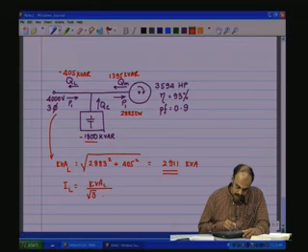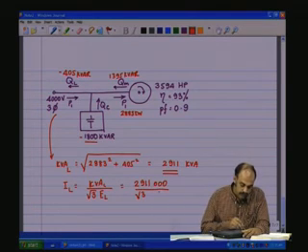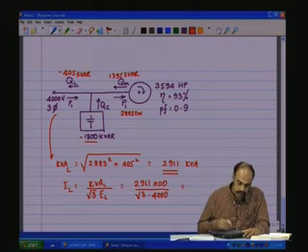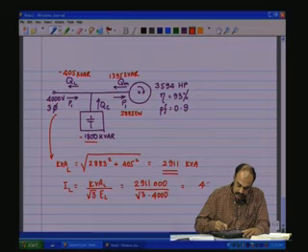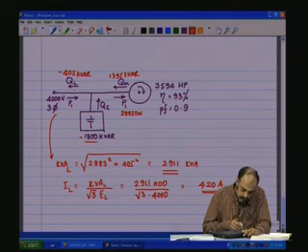So, 2911 kVA, which means VA, divided by root 3 times 4000 volts, as we have a 4000 volt machine. This comes to 420 amps. So, the current through the mains would be 420 amps. What would be flowing here would be 420 amps.